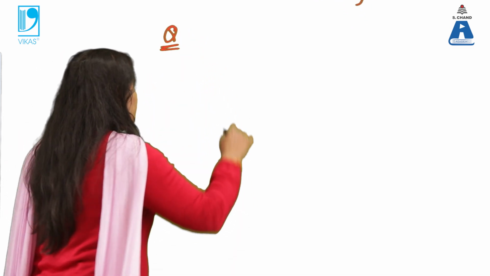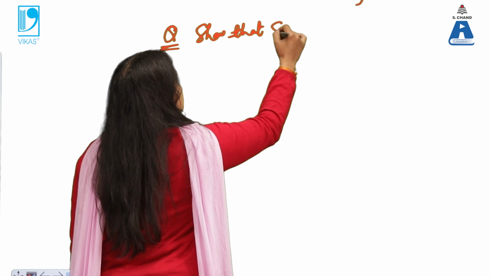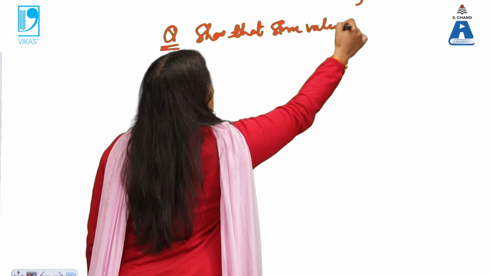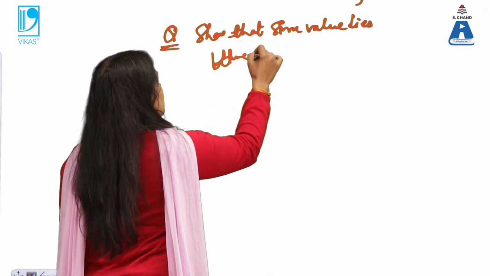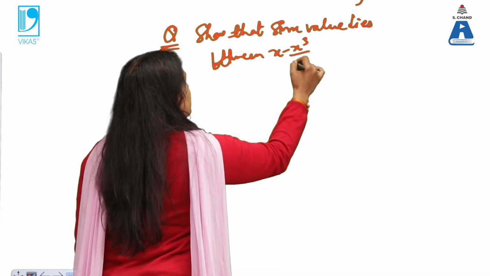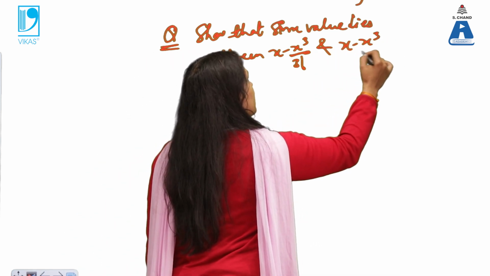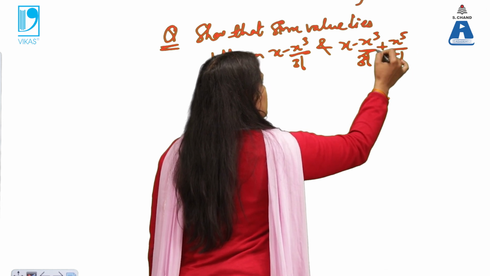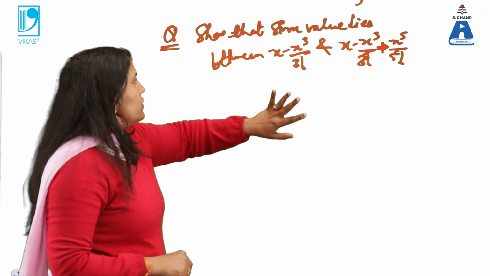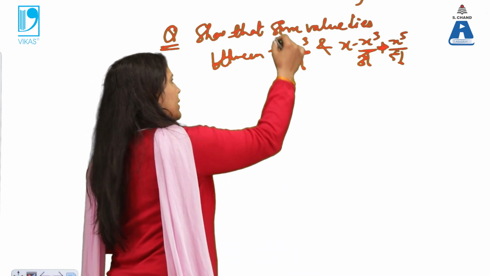The problem says that, show that sin x value lies between x minus x cube by 3 factorial and x minus x cube by 3 factorial plus x to the power 5 by 5 factorial.